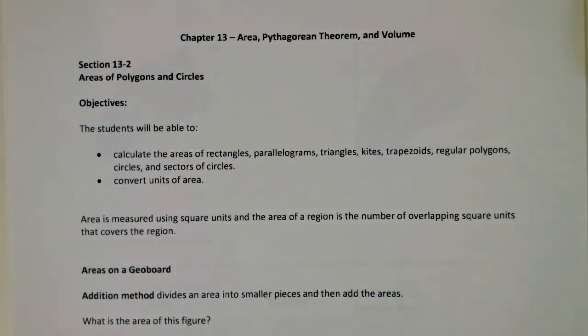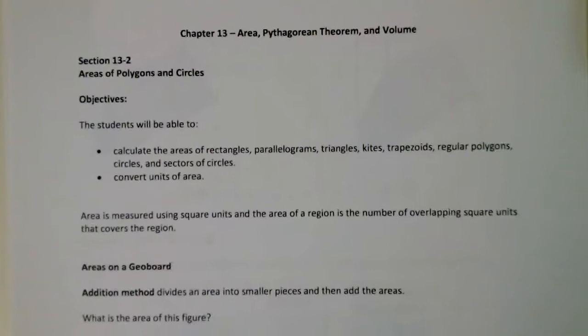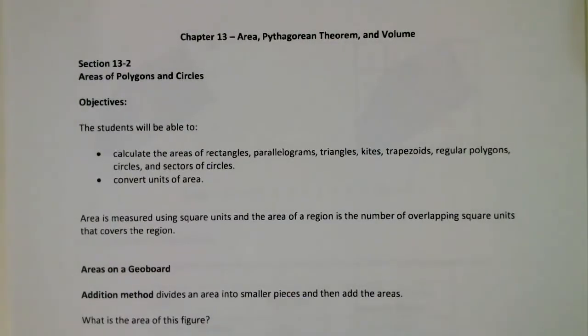Okay, so now let's first talk about what area is. Area is measured using square units, and the area of a region is the number of overlapping square units that covers the region. Sometimes area can be illustrated on something called a geoboard.